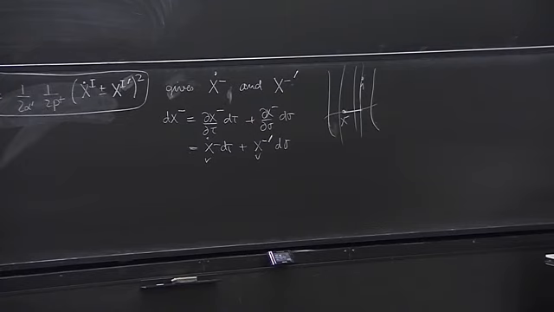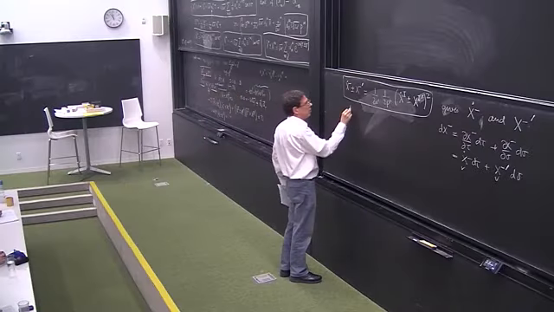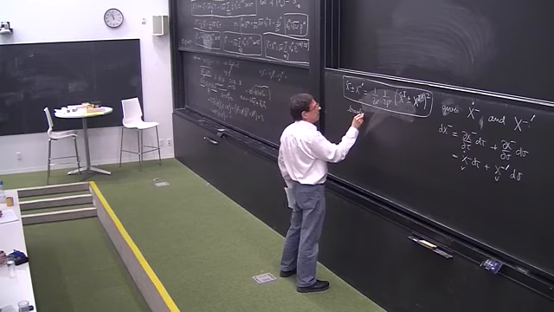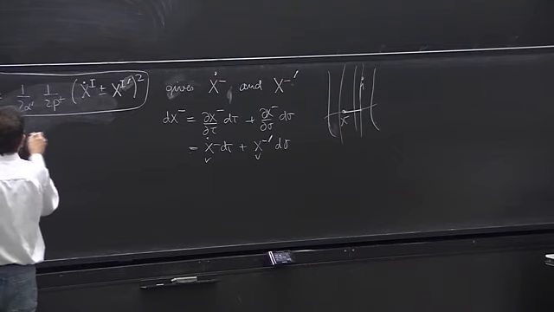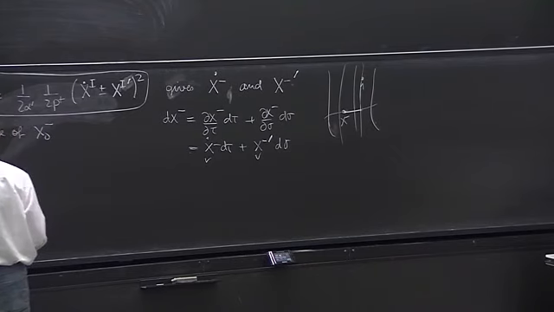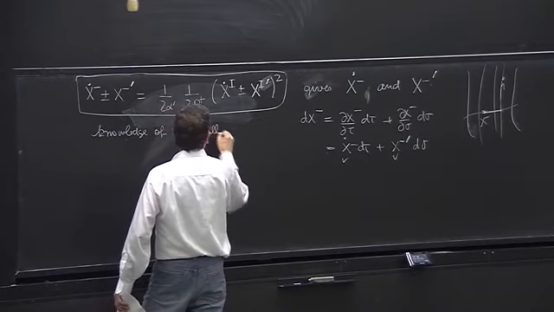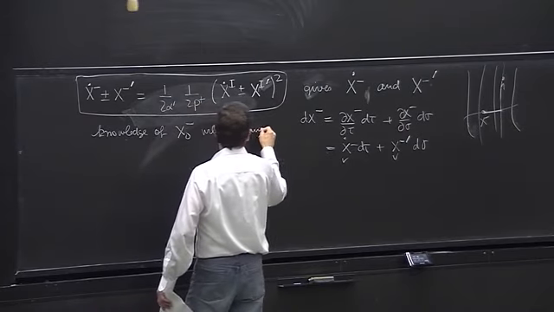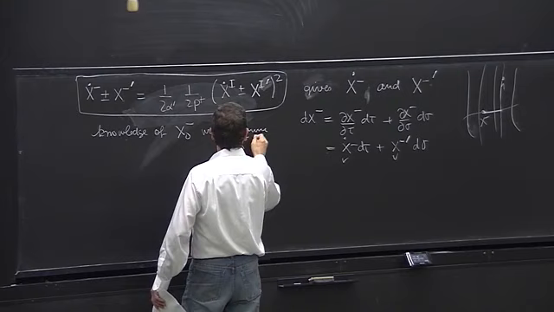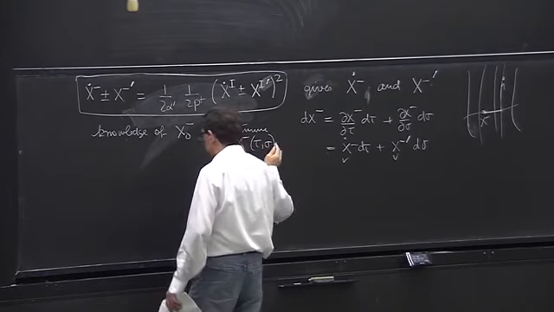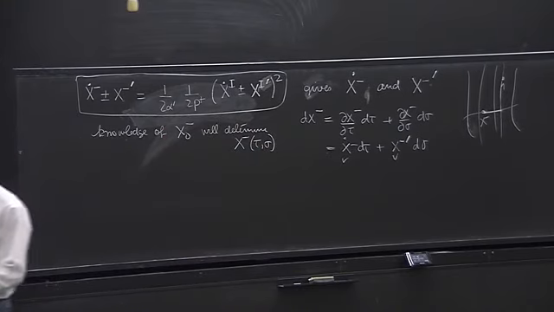So this and the knowledge of x0 minus will determine x minus of tau and sigma completely, as we will see now.